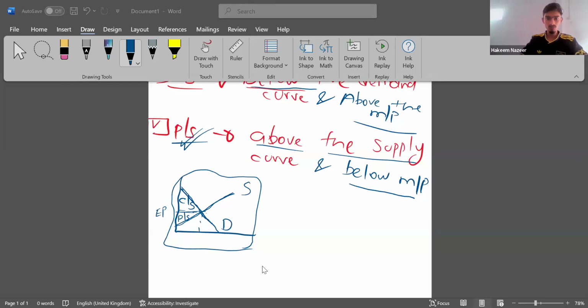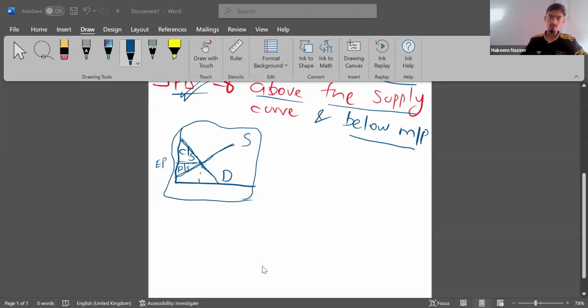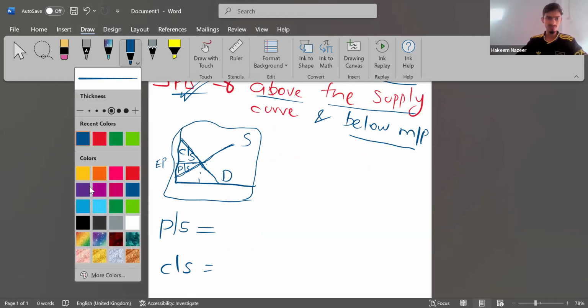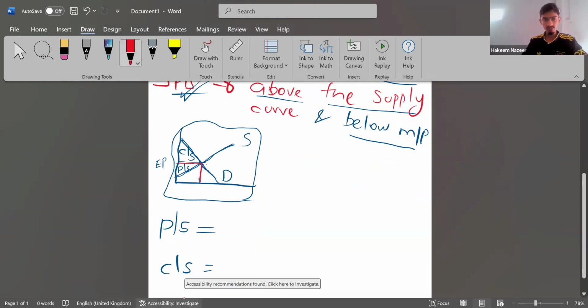One more thing, most important in producer surplus and consumer surplus, the formula. There's a specific formula for producer surplus and consumer surplus. If we know the formula, we will crack the exam, right? For producer surplus, first we take the total revenue. How can we derive the total revenue?